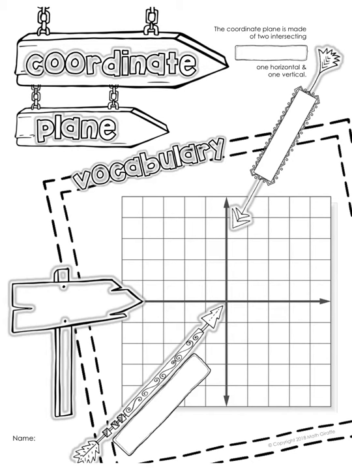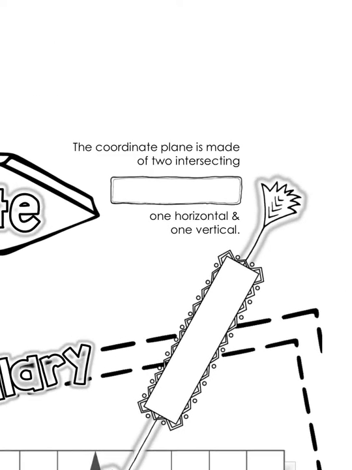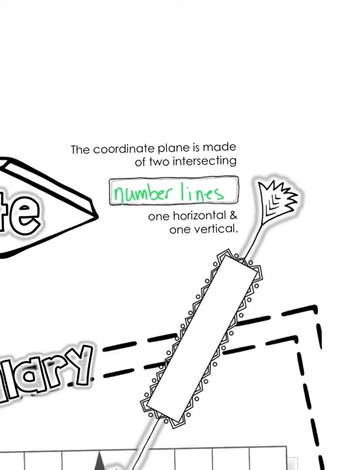So today we're just going to talk about the coordinate plane and just a very introductory what it is and things like that. The coordinate plane is a plane that is made up of two intersecting number lines. One of those number lines is horizontal and the other is vertical.